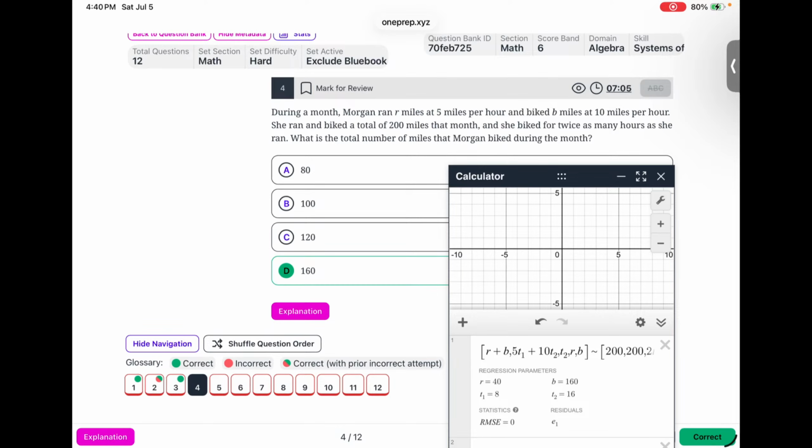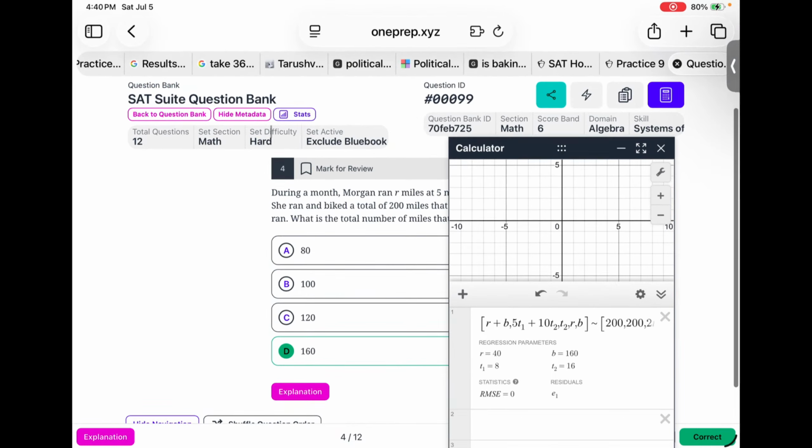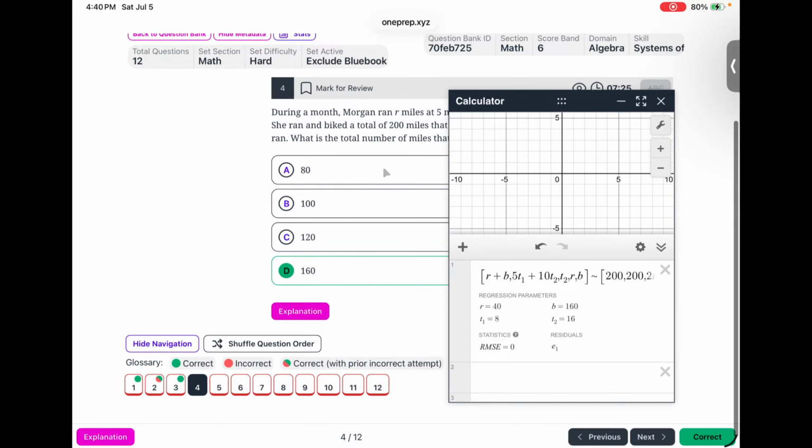It's basically the formula on how you do it: you can just regress it all. It's pretty tough, so you just gotta get a little faster on this. This literally took me 7 minutes, which is not good time on SAT. But hopefully we see some more problems like this in the One Prep question bank thing.